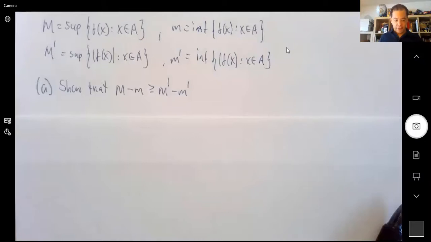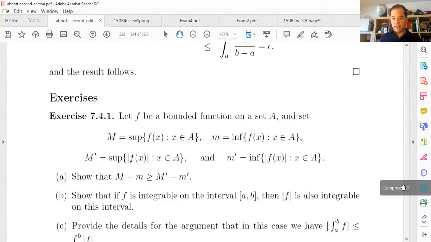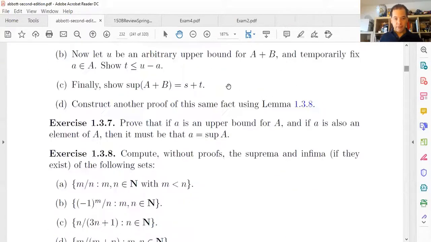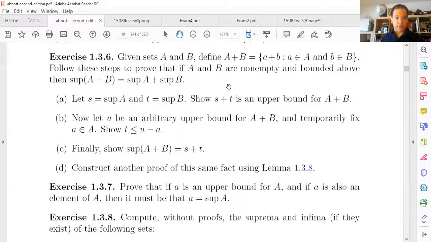It's back on page 19. All right, right there, perfect. So here is what it says. If you define the sum, so if you have a set A plus B, you do all the sums with elements of A and elements of B, then where A and B are non-empty, the supremum of the sum is the sum of the supremums.